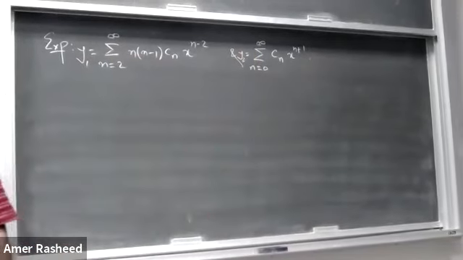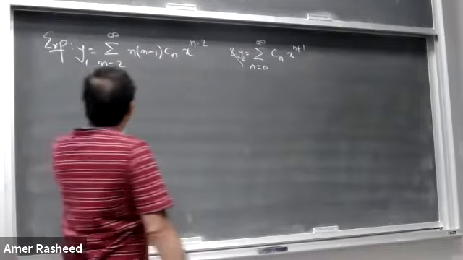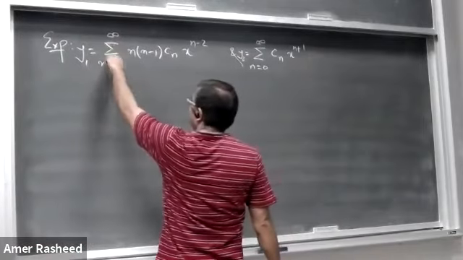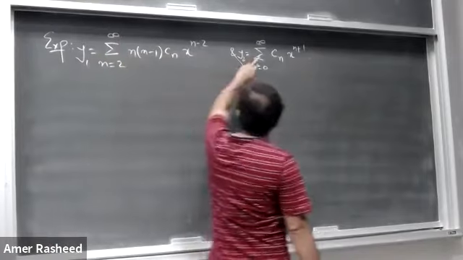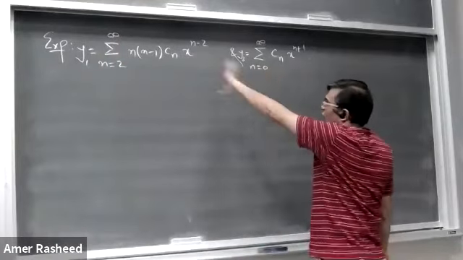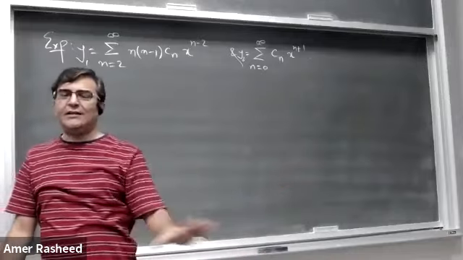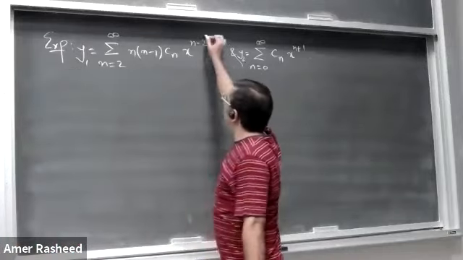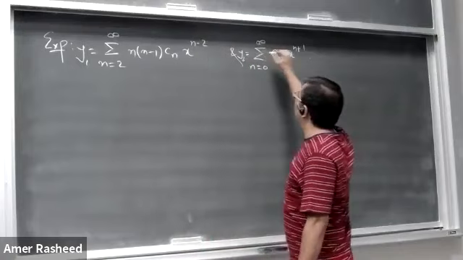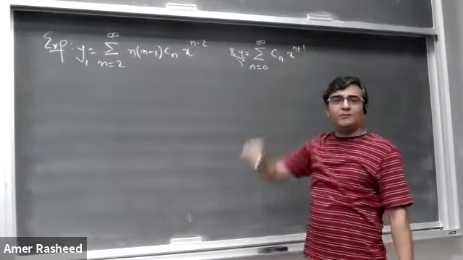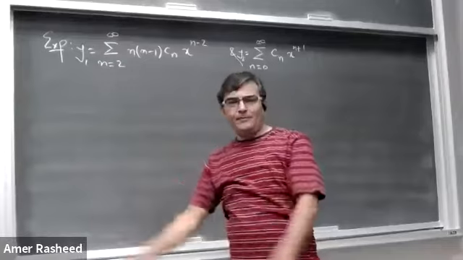But here you can see that the index of this summation starts from 2 and the index of this summation starts from 0, so we cannot take these two summations outside. We cannot take them common. Similarly, the power of x is n minus 2 here, and the power of x is n plus 1, so we cannot take it common.